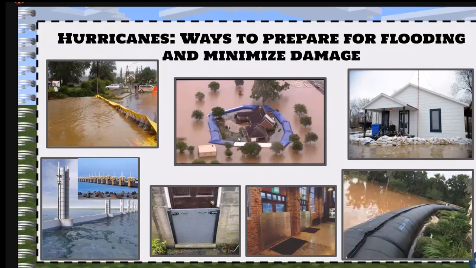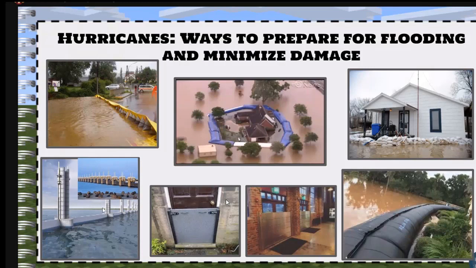So some of the things that people do, if you look at these images, there are different ways that cities will prepare for this water to try to minimize the damage. So you see they're putting things around their houses to block the water.